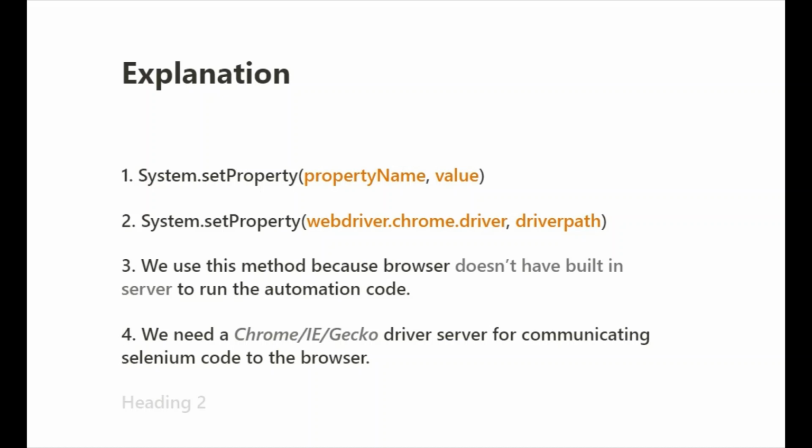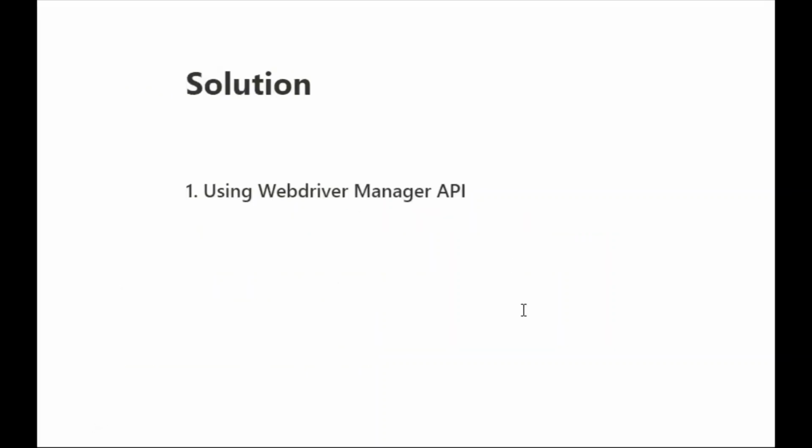Now what if you don't want to use System.setProperty? What is the alternative? Let me show you. If you don't want to use System.setProperty, because in that we need to write things in a specific sequence and remember it, simply use the WebDriver Manager API.